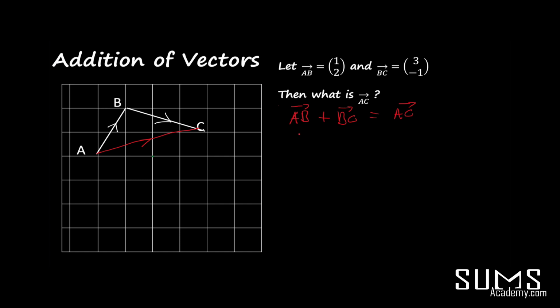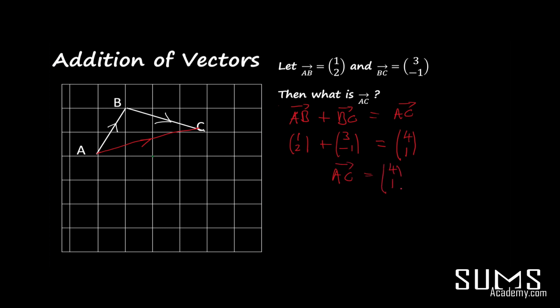AB is (1, 2), and BC is (3, -1). So you just add each line by each line, no tricks here. 2 minus 1 is going to be 1, apologies. So we're saying from our calculations that AC is equal to (4, 1).